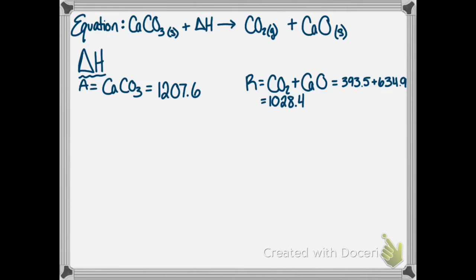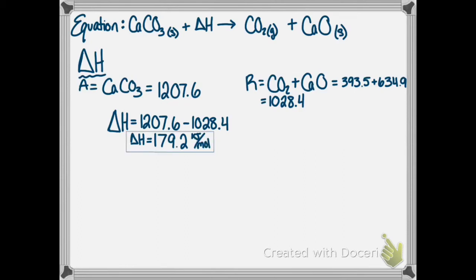If we're solving for delta H, we do absorbed minus the released energy, or reactants minus products. Either way, we do 1,207.6 minus 1,028.4. When we do this, we get our delta H variable to be 179.2 kilojoules per mole.